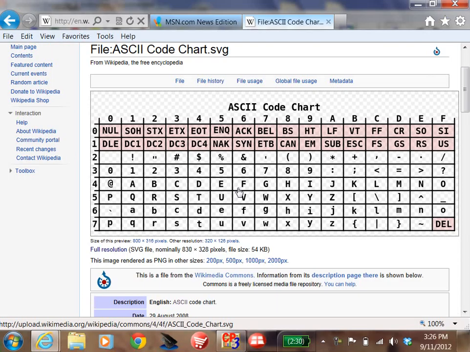Bunch of gibberish, right? What's this chart trying to do? It's trying to tell me how an F, for instance, is stored inside a computer in the code. How is F stored inside a computer in the ASCII code? Right?